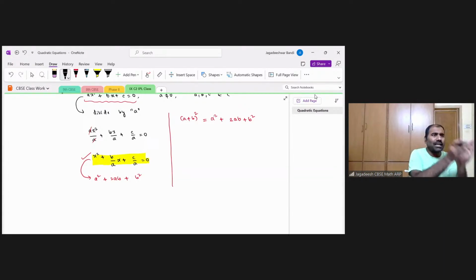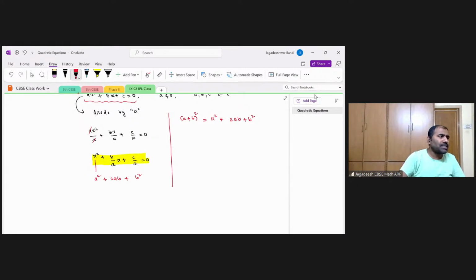So to convert into that a square plus 2ab plus b square, you need to understand what is the a value and what is the b value. Then only we can convert into (a plus b) whole square. Fine. So for that, do comparison. Please observe the comparison, everyone.